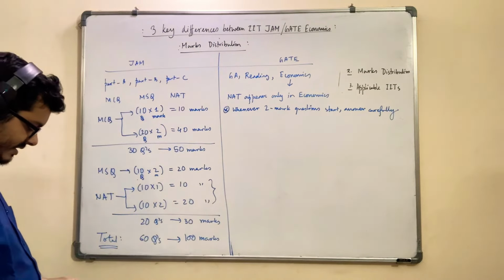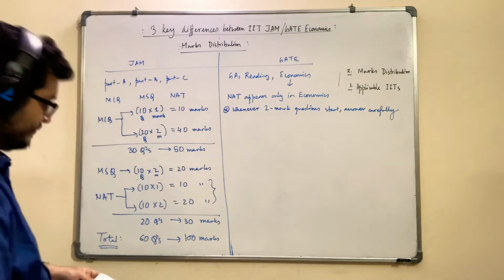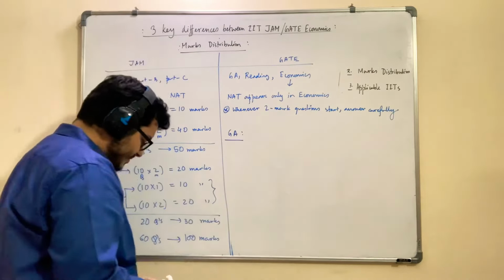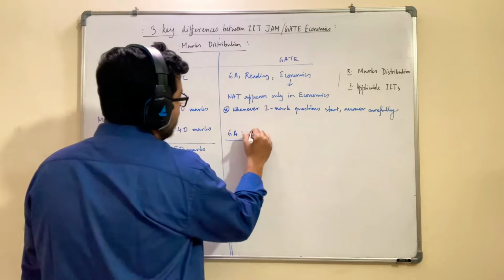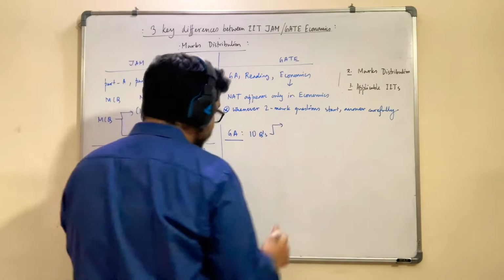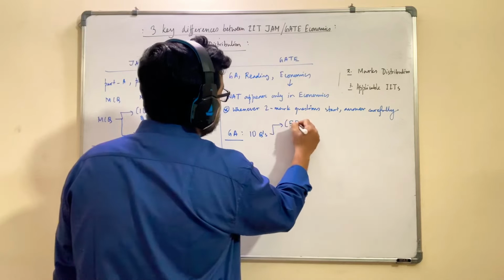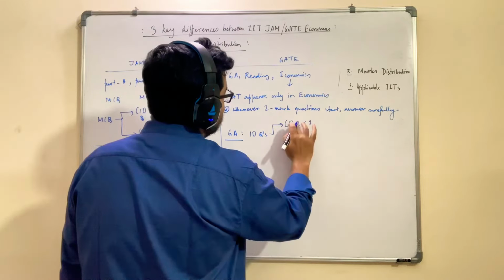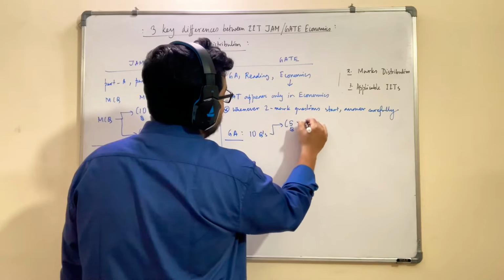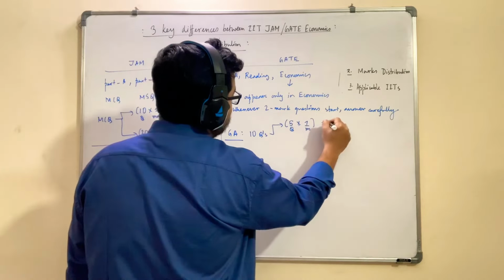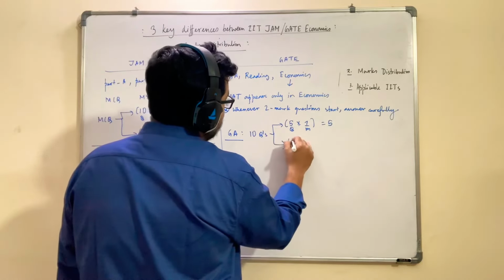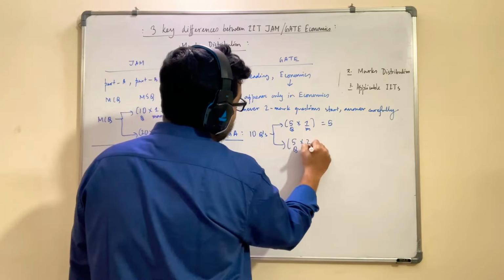Okay. Now let us come to GATE. So in GATE, GA, right? So in aptitude, you have 10 questions which are divided between 5 questions of 1 mark and 5 questions of 2 marks.